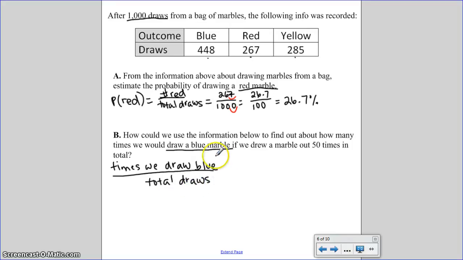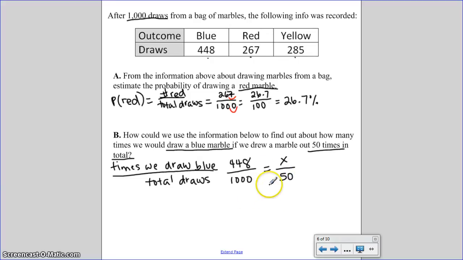In this case, we can set up a proportion because we know this is a proportional relationship. So we can use this information by saying, I drew blue 448 times out of 1,000 total draws. It's asking how many times will I draw a blue, so I'm going to put my x right there over 50 times in total. So instead of having 1,000 draws, what if my draws was 50?